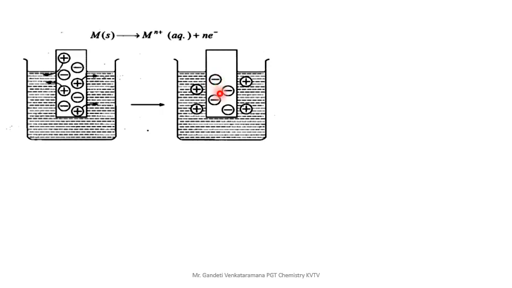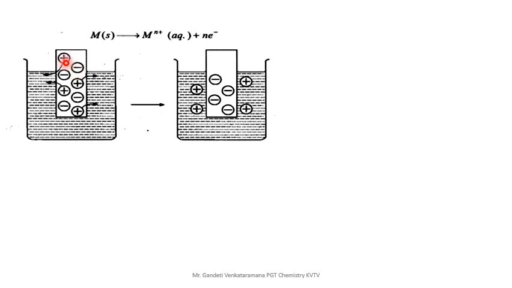So what will happen? These electrons will flow from one electrode to the other electrode. That is a scenario we already discussed. Clear, students? This is very, very important. Please be attentive here. Positive ions always mean metal ions, and negative here represents electrons only.